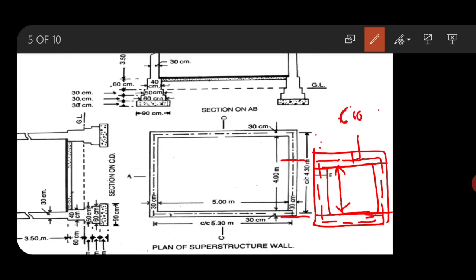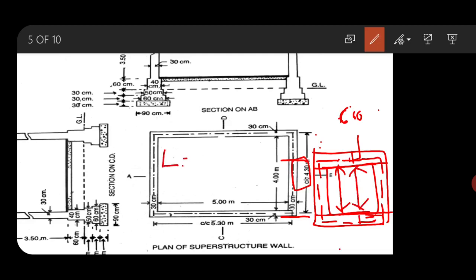So, from this 4.3 meter, when we subtract half of the breadth on one side and half of the breadth on the other side, we will get this left out length.